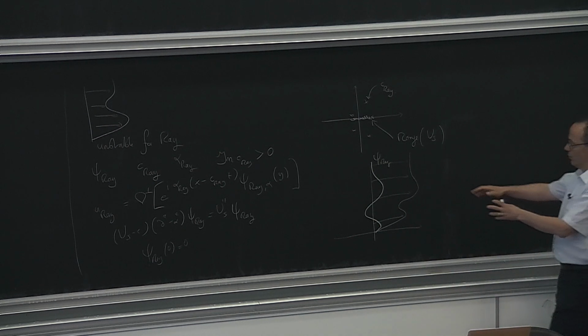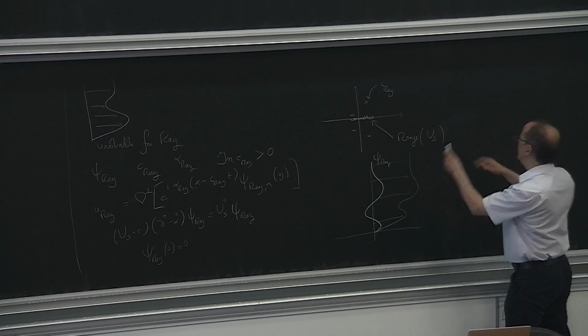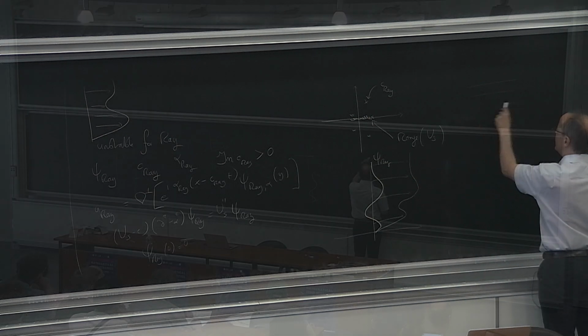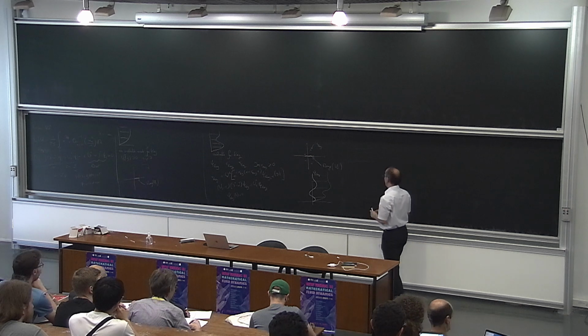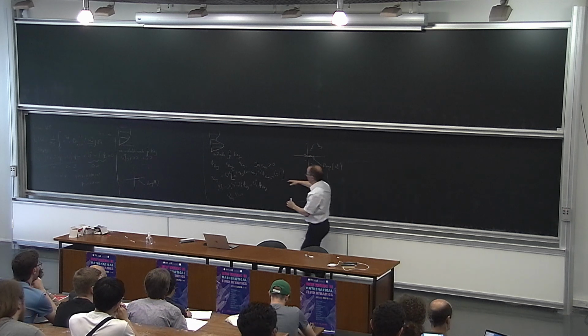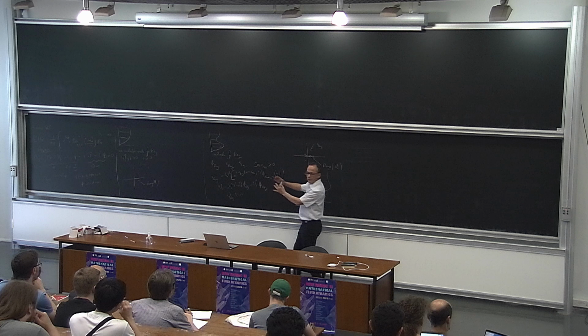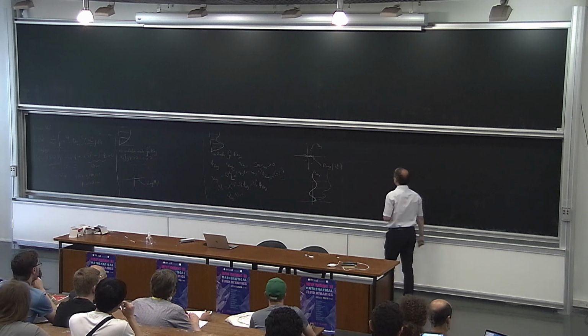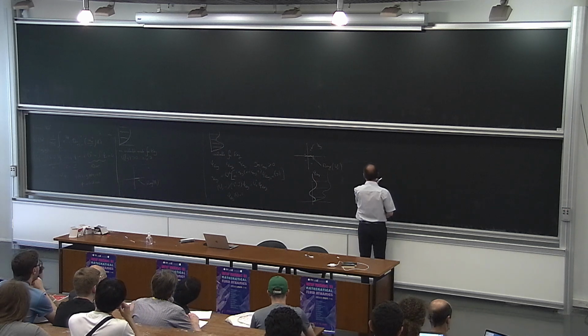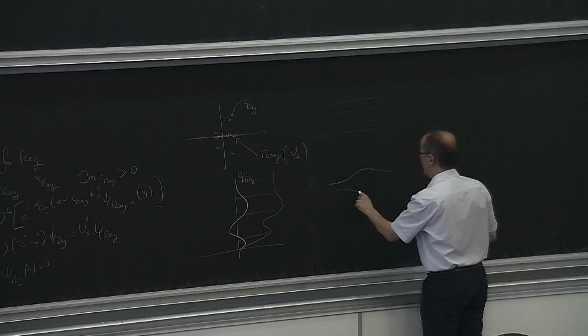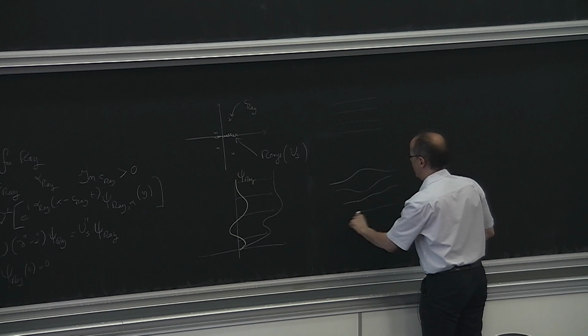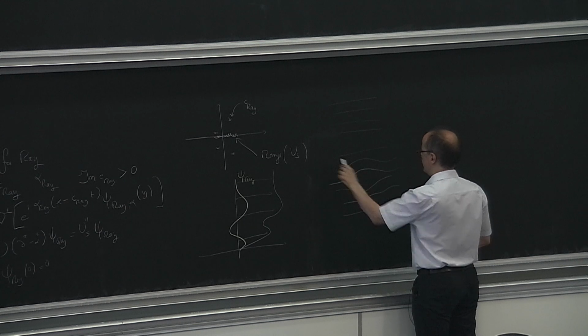At the beginning, the streamlines are like this. And when time goes on, you have this kind of instability which grows and which makes nonlinear things. And you end up with something like cat eye lines for psi.